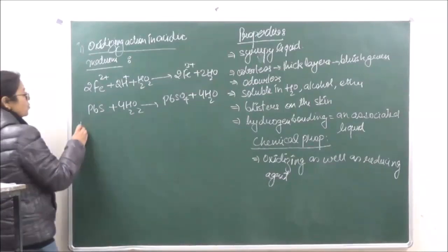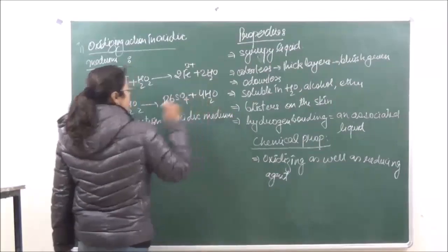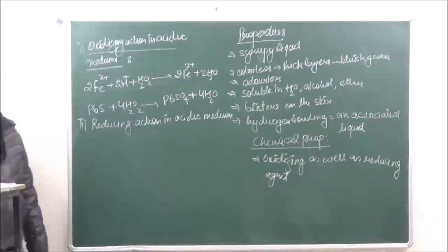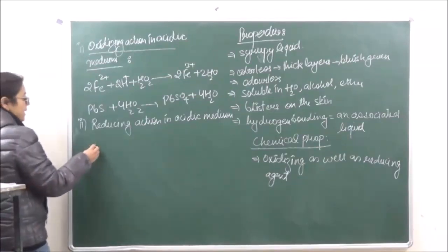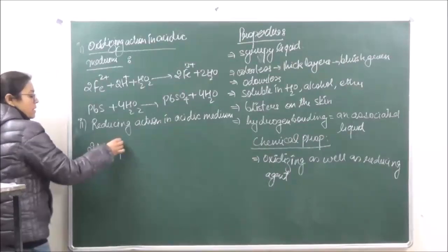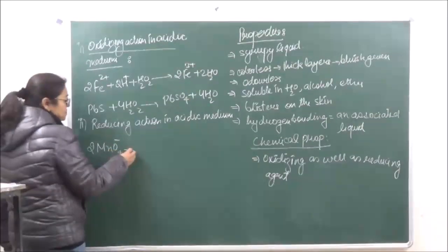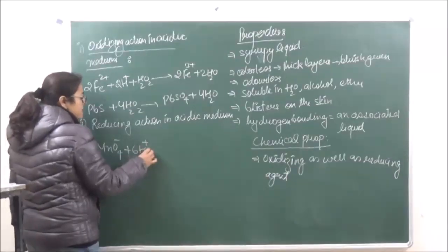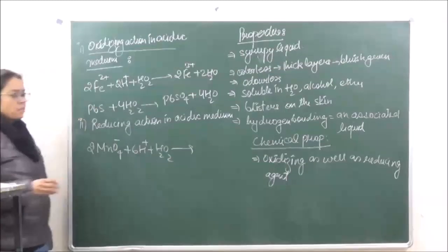Let's go on to the reducing action. Reducing action in acidic medium. Reducing action, we will see that permanganate ion is converted to manganese ion. So we have permanganate ion, MnO4 negative, and the reaction is taking place in acidic medium, so plus 6H positive.